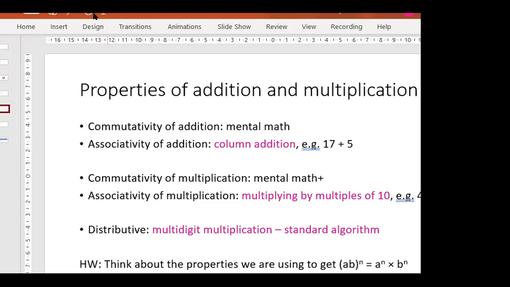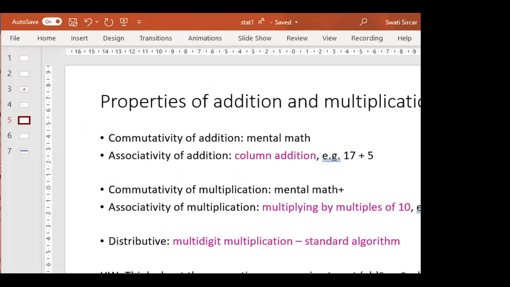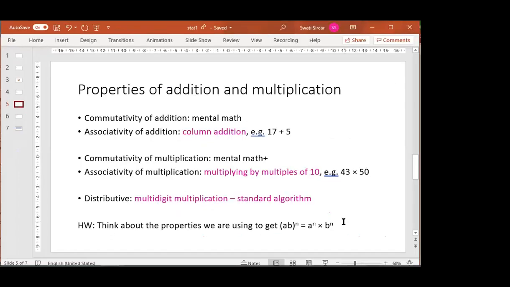Maybe let me try portion of the screen. This might work, at least for now. Can you see the PPT? Yes. Okay, let's go with that.